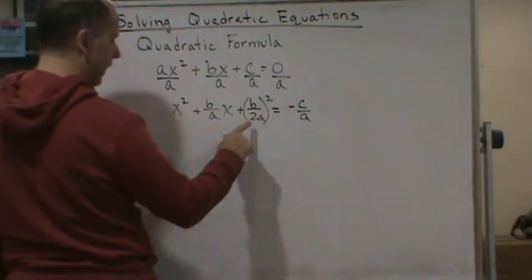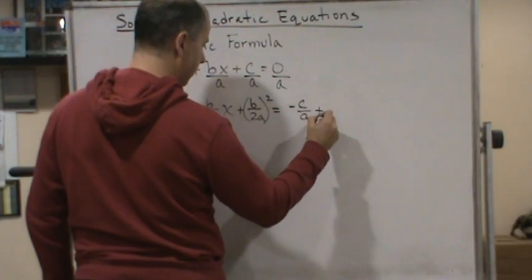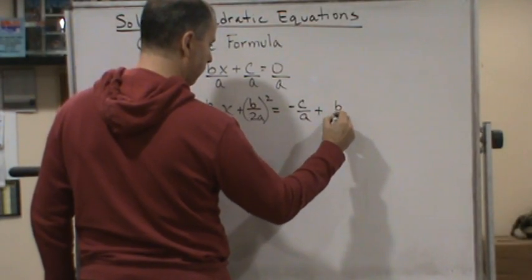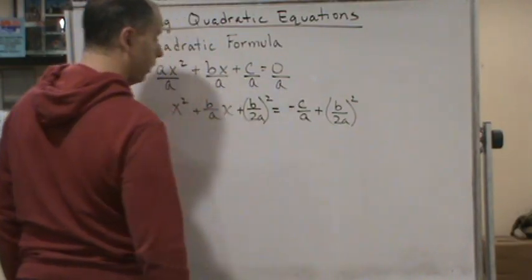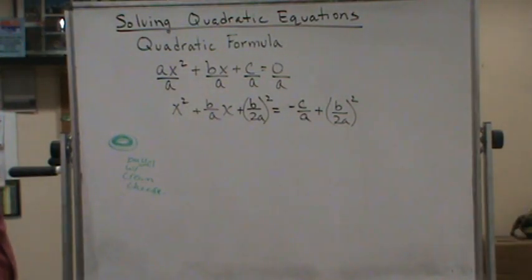Okay, now if I do this, then I have to add b over 2a quantity squared over here.